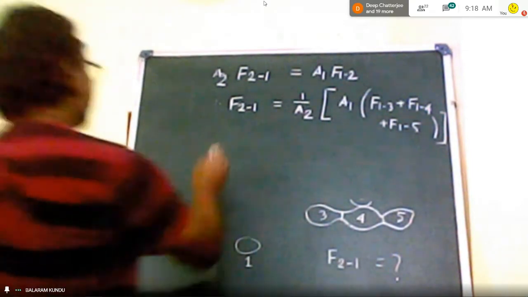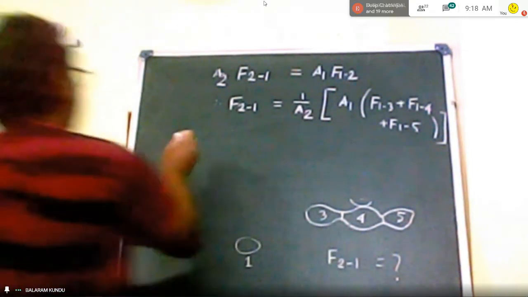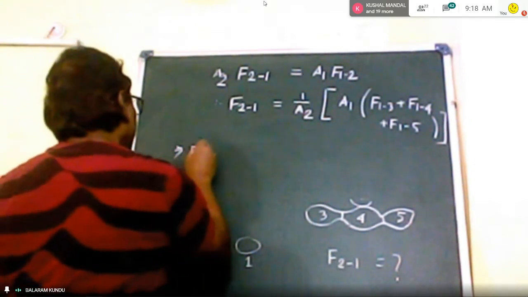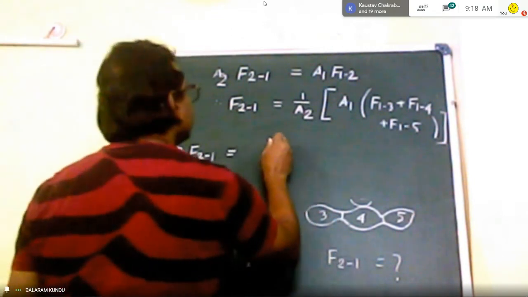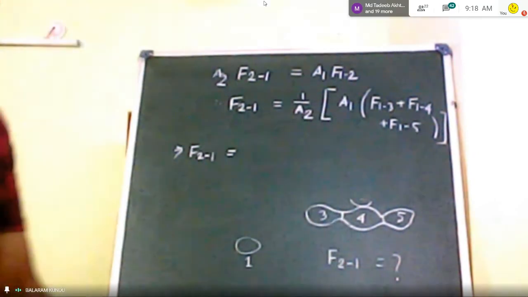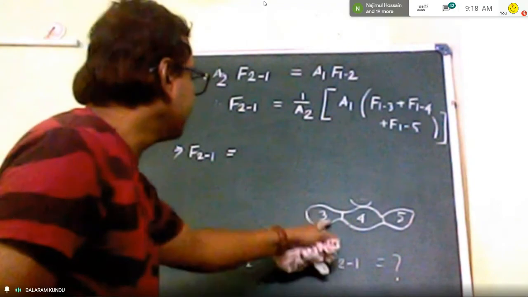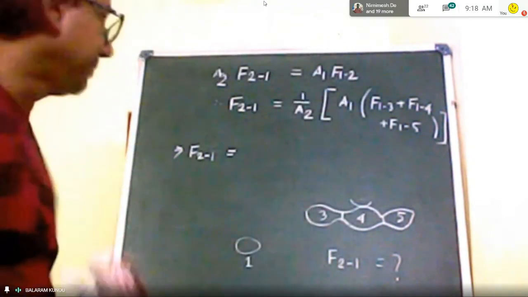Then we just have to simplify it. Therefore, f of 2 to 1 should be equal to a1 into f of 1 3. Then we can use the reciprocity relationship.